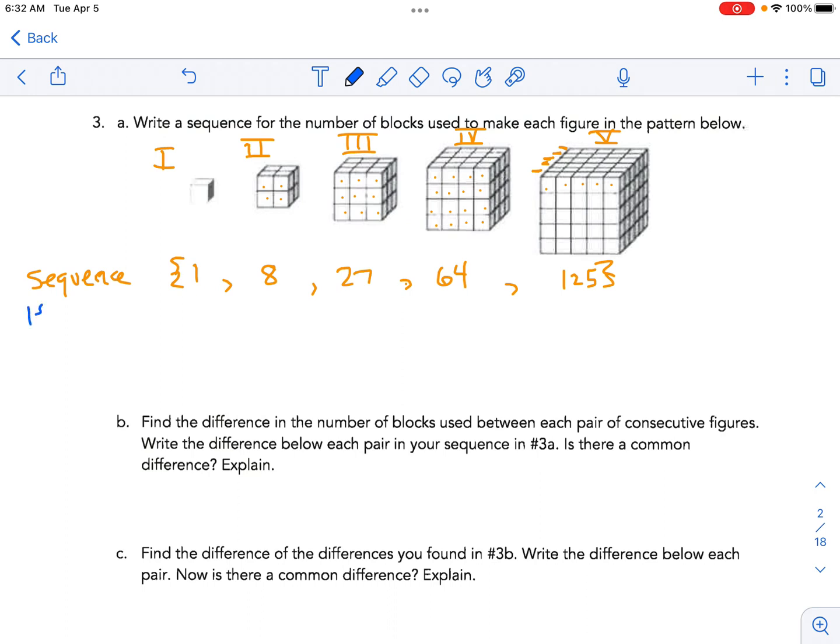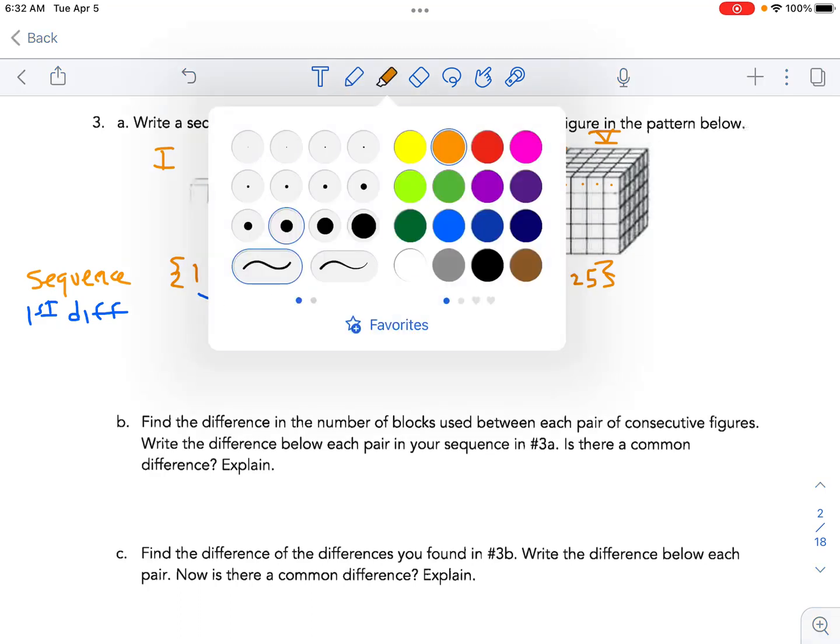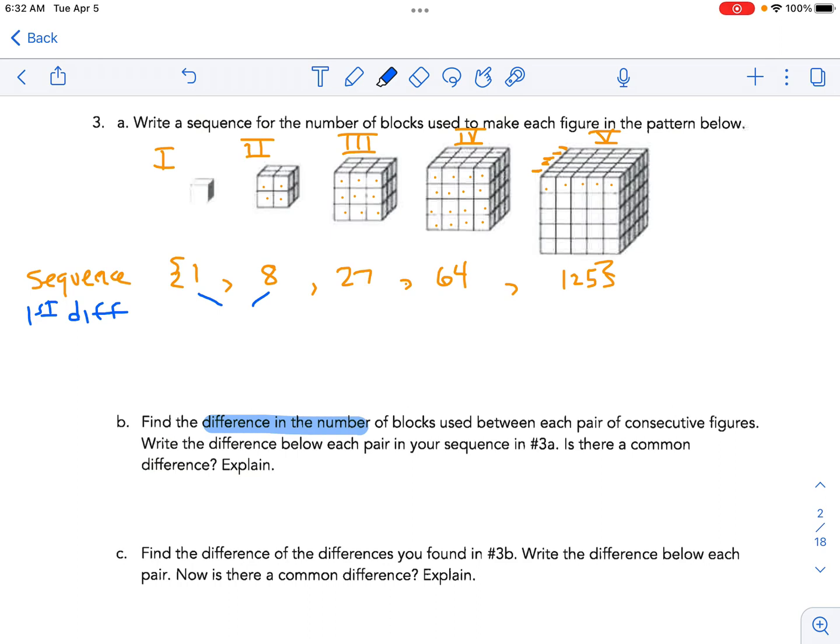And so we're going to look at our differences again. So let's take a look at that first difference. You can see it's not constant, right? So that first difference is what we're looking at. And this is a first difference of 7. And this is 19. And this is, wow, I've got some subtraction to do here. 37.